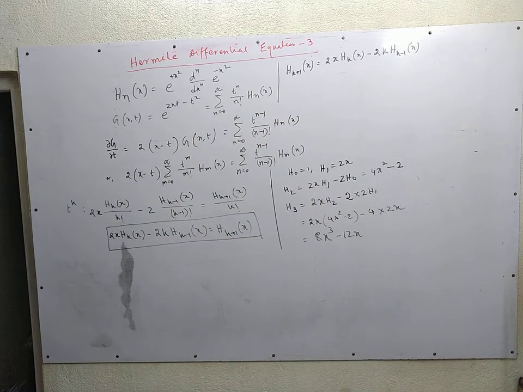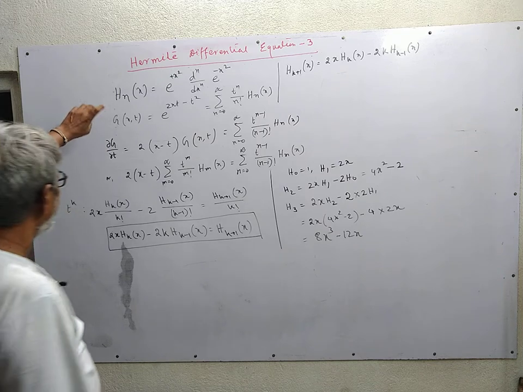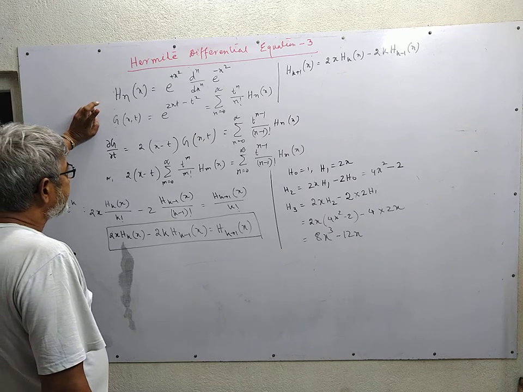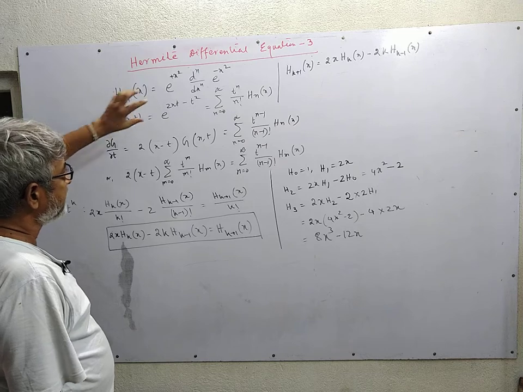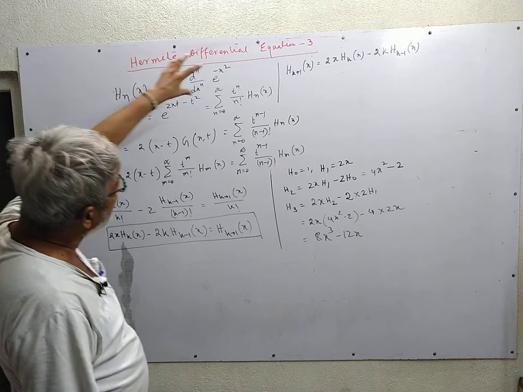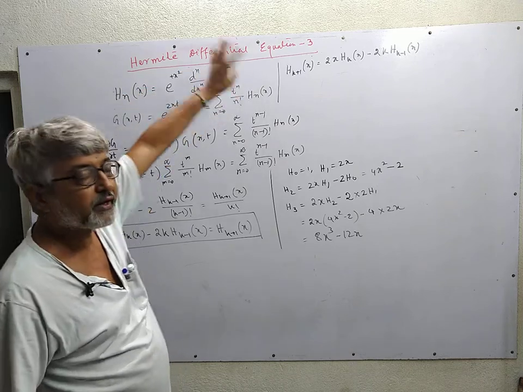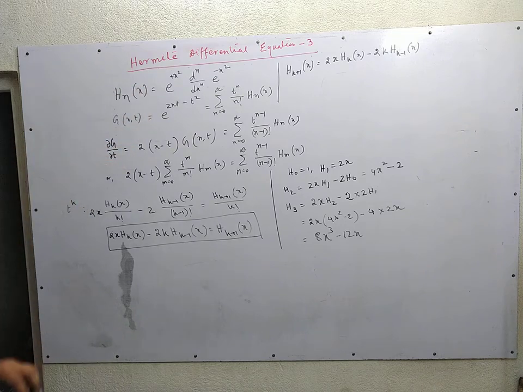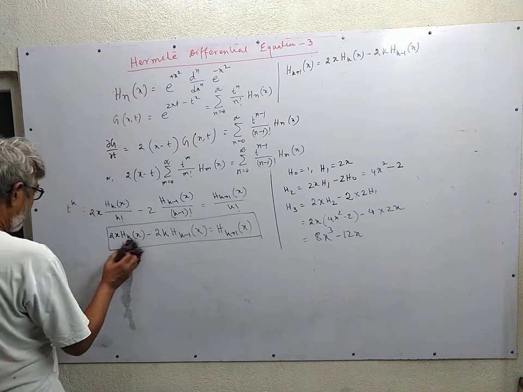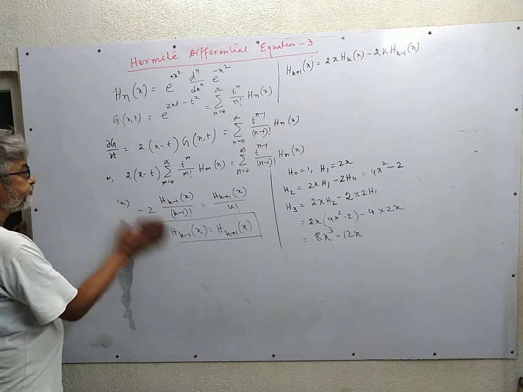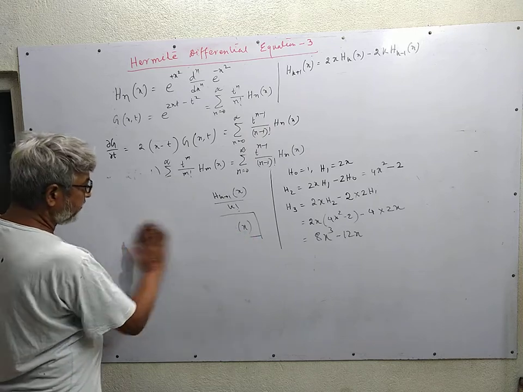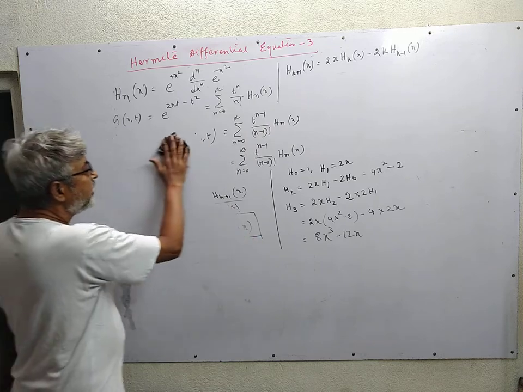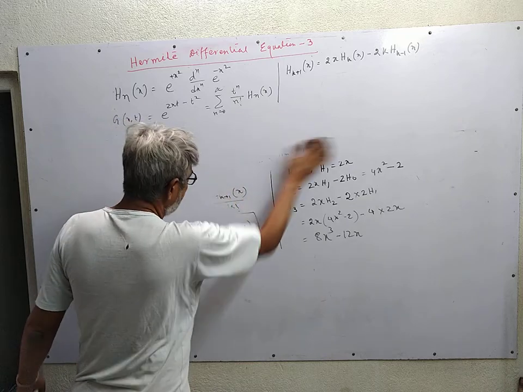Now, if we differentiate this generating function with respect to x, then we will get an expression on the left, and on the right hand side we will get the derivative of the Hermite polynomial. So that will give you the derivative of the Hermite polynomial in terms of the Hermite polynomials.